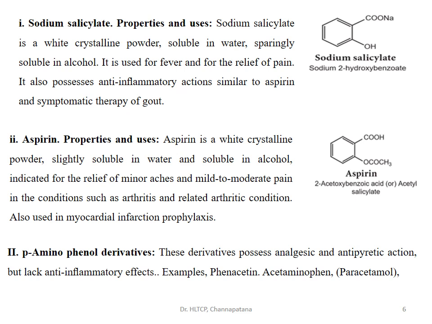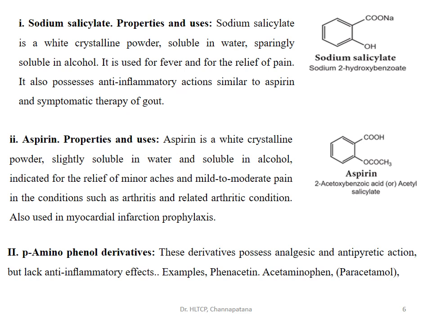Aspirin is acetyl salicylic acid or 2-acetoxybenzoic acid. We have already seen that salicylates are used in gout, arthritic conditions, minor aches, headache, pain, and even in myocardial infarction. So these two are very useful drugs, especially aspirin. Aspirin is a very common and well-known drug.